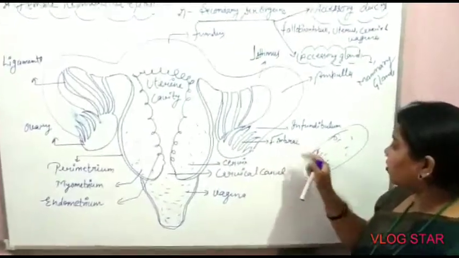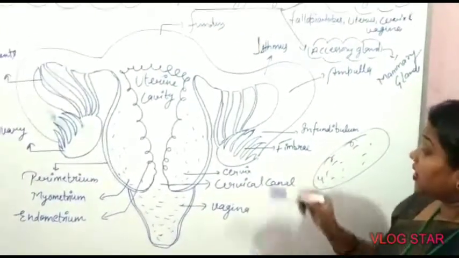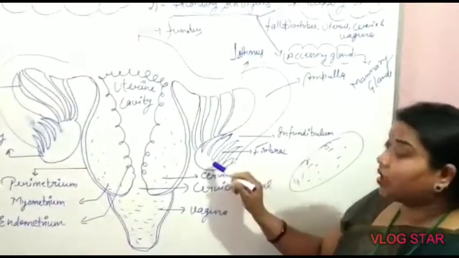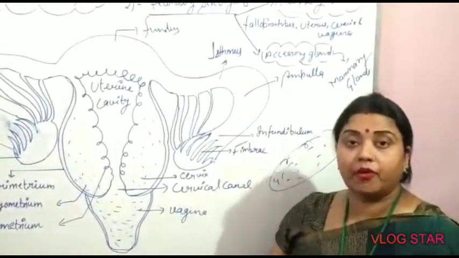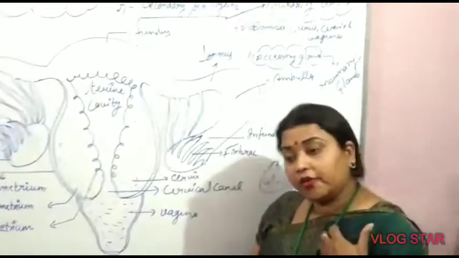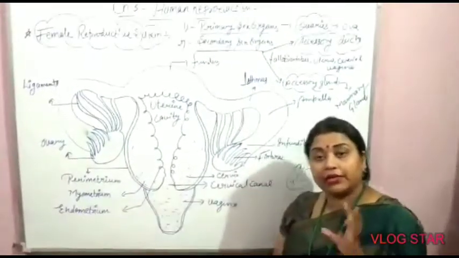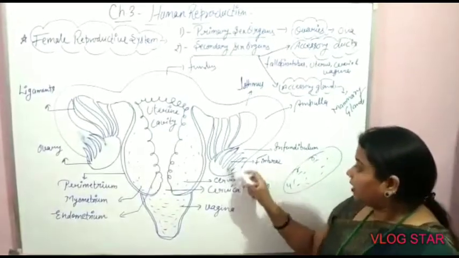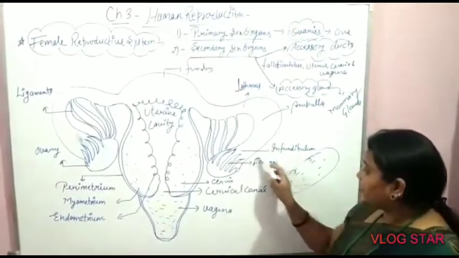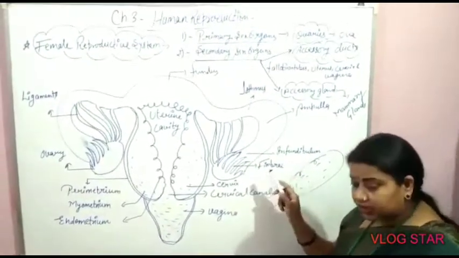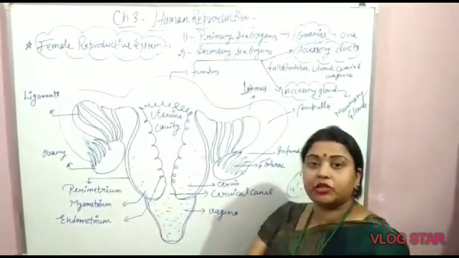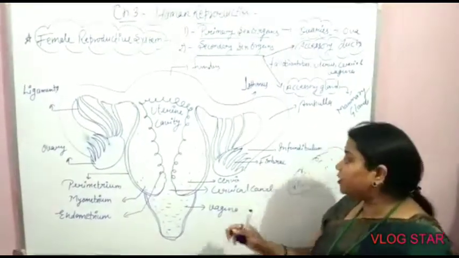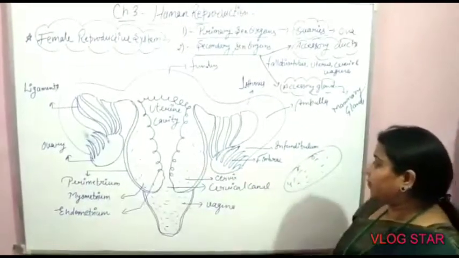These projections are called the fimbriae. These fimbriae come near to the ovary during ovulation. When ova are released from the ovary, at that time the fimbriae move towards the ovary and capture the ovum, because they help in capturing ova produced from each ovary.